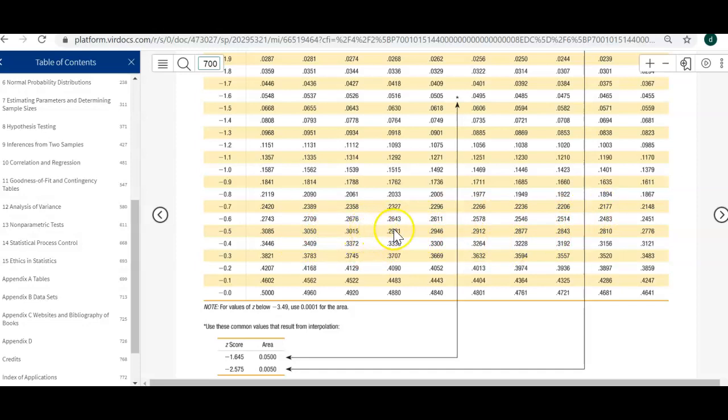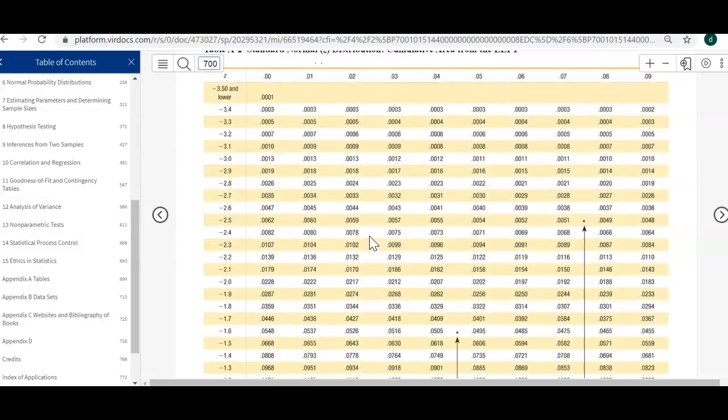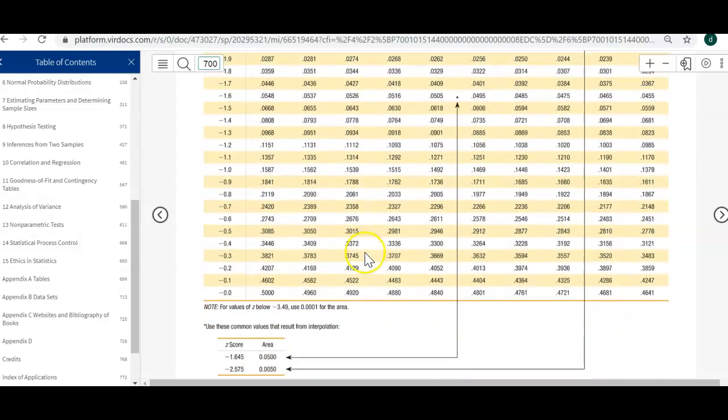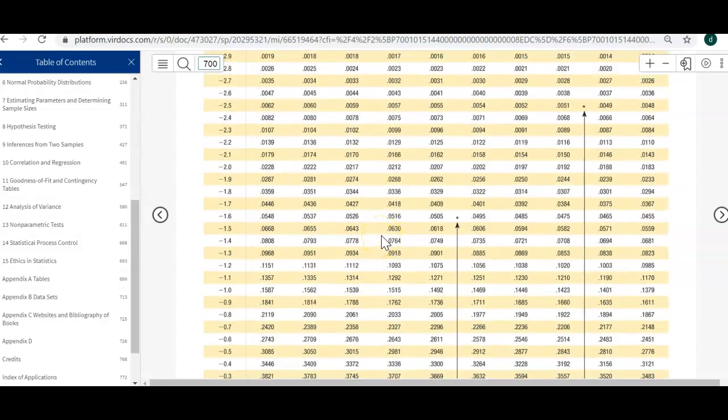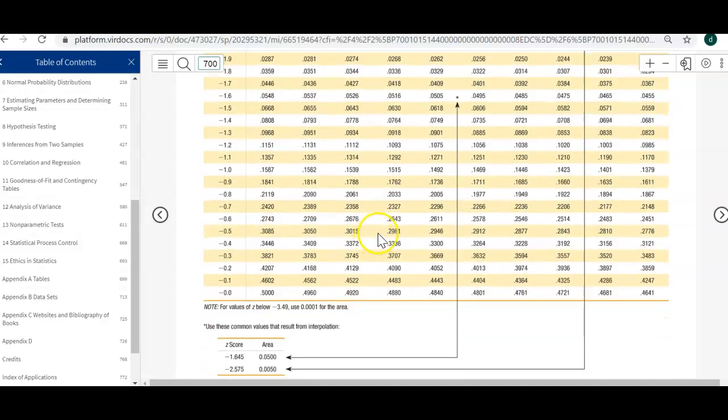That would be somewhere in between these two values, which would be negative 0.52, negative 0.53, somewhere in there. And you can actually see that we're way, way below that negative 0.5.